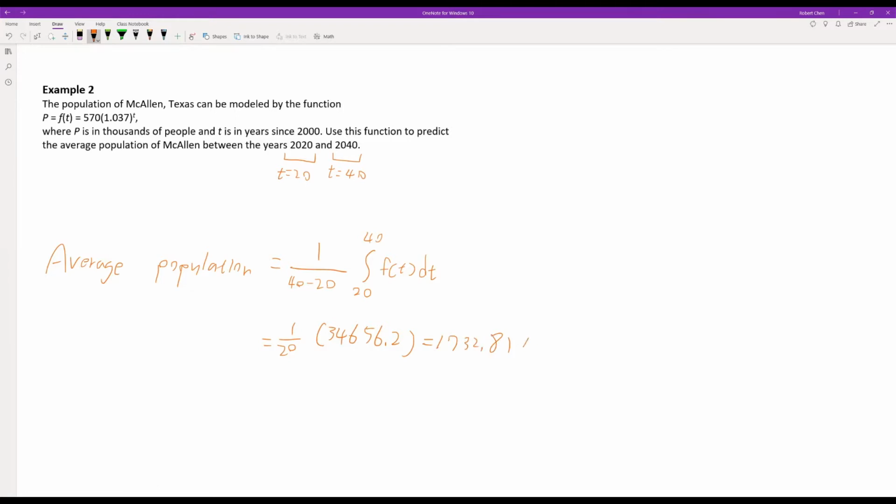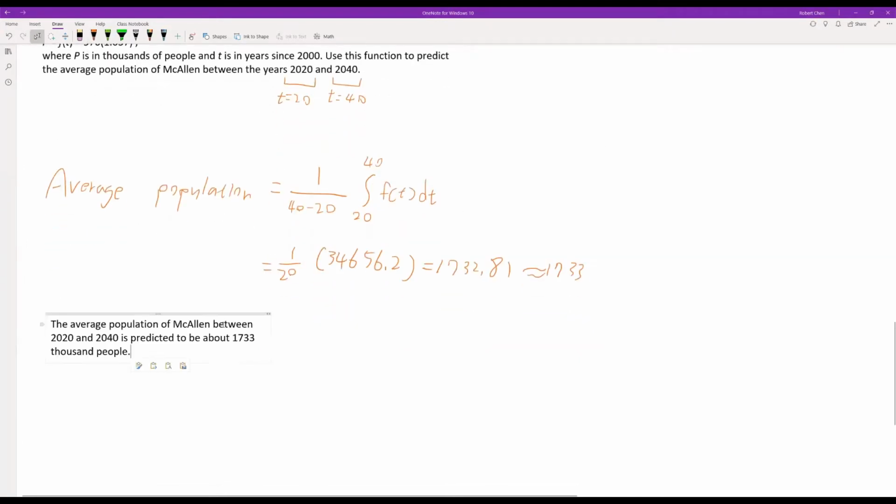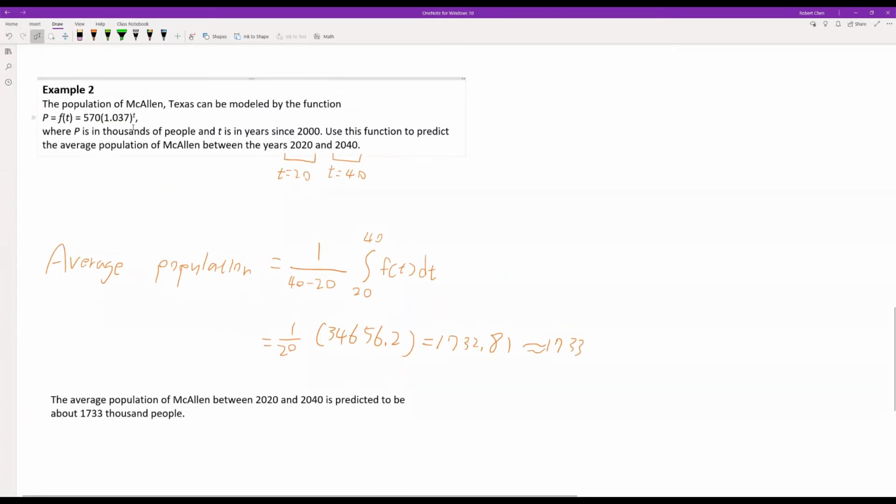Let's round that up to 1733, so we can say that the average population of McAllen between 2020 and 2040 is predicted to be about 1,733,000 people, about 1.7 million. Again, we don't have to know how to integrate this function; we're just going to use a graphing calculator or online calculator to evaluate it.